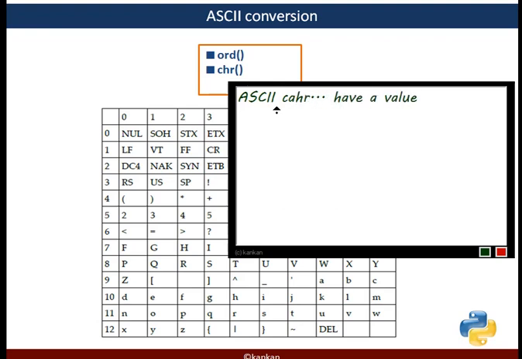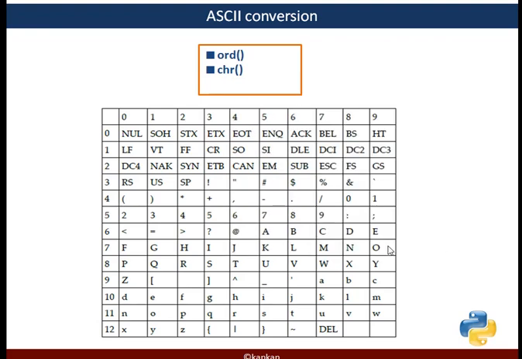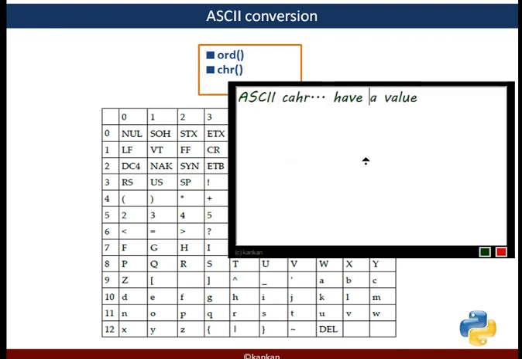What does it mean? Suppose A is a character, so what will be the value of it? 6, 5, that is 65, and the character is A, capital A, not small a.